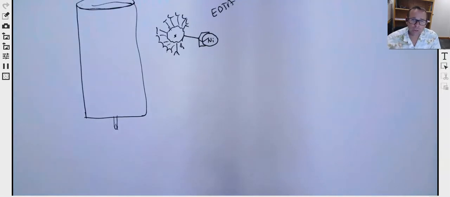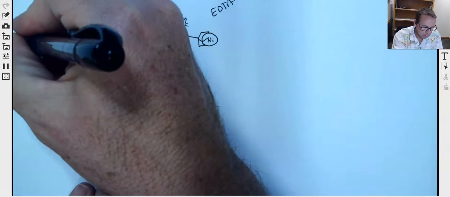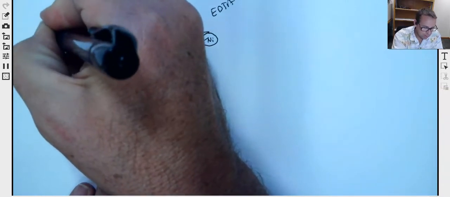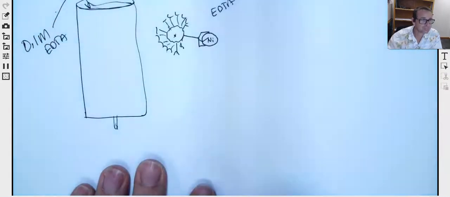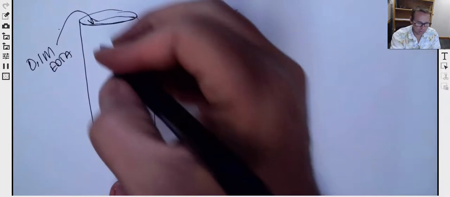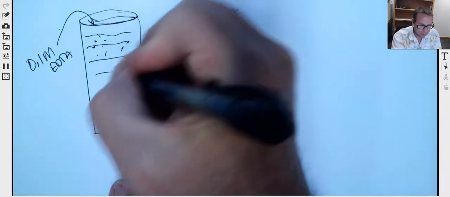So when we introduce, if we put over this column here, something like 0.1 molar EDTA, all right, if I put 0.1 molar EDTA over the resin, so this is where our resin is, our little beads, right?